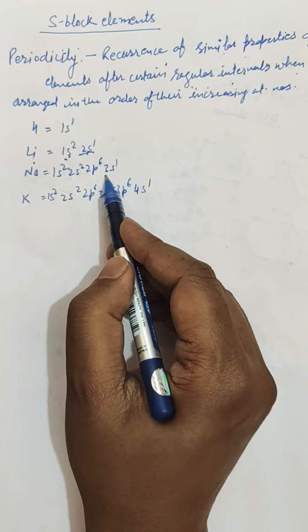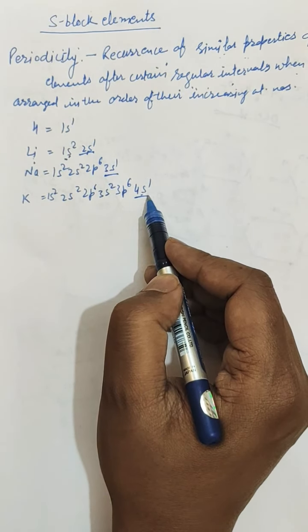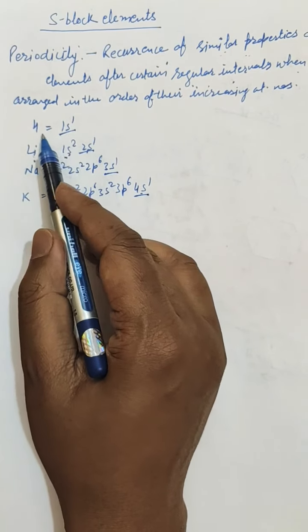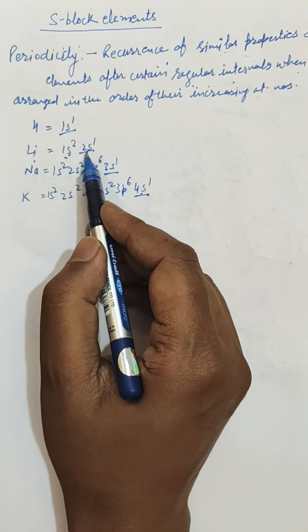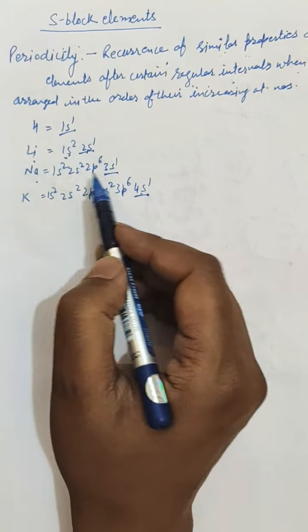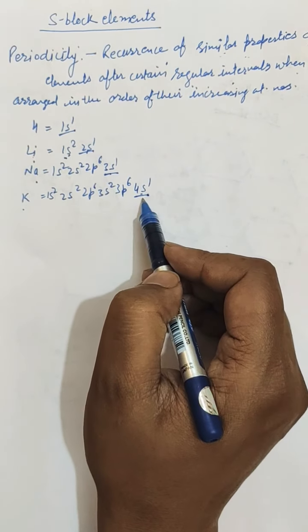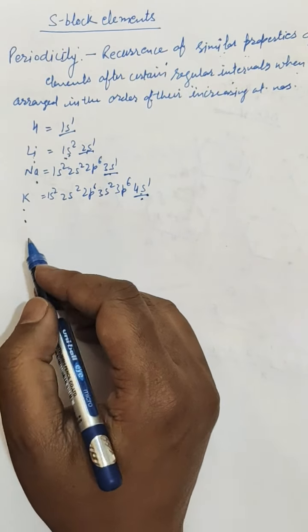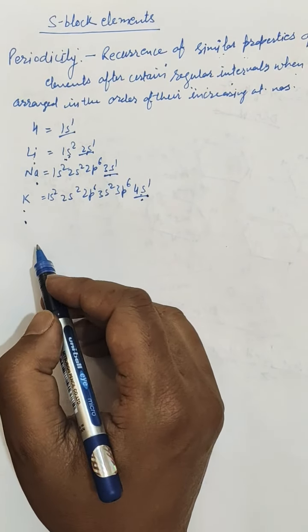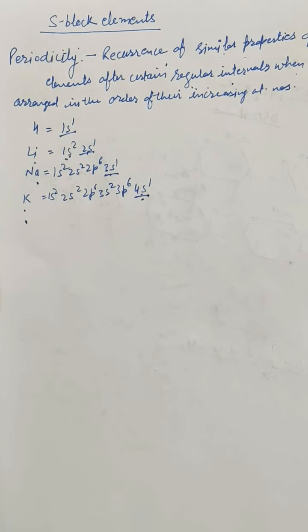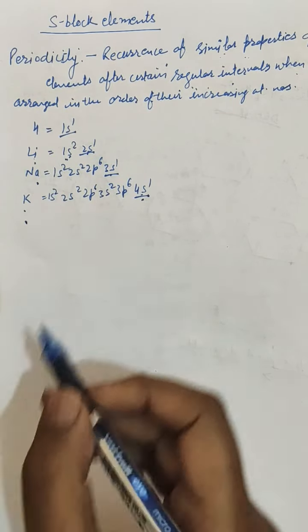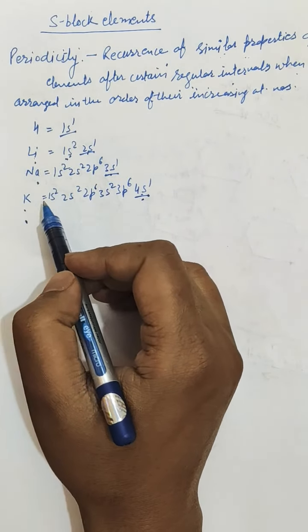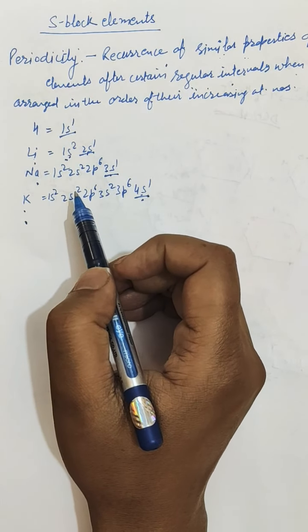What is that similar thing? The outermost electronic configuration is s1. In hydrogen it is 1s1, in lithium it is 2s1, in sodium 3s1, in potassium 4s1, in rubidium 5s1, in cesium 6s1, and similarly in francium it is 7s1. So the electronic configuration is repeated after fixed intervals, which causes the repetition of these properties.